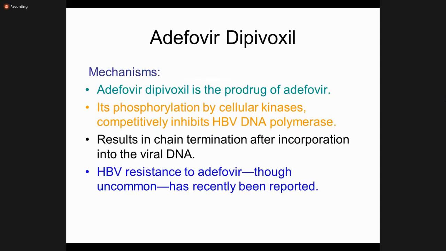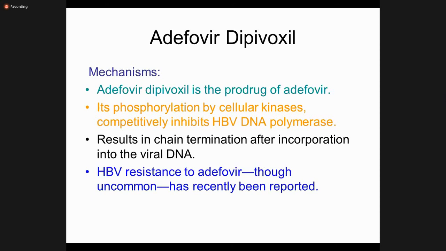Another very important drug is Adefovir, and this is basically a drug that can be used in the treatment of hepatitis B viral infection. Mechanism of action: Adefovir Dipivoxil is the prodrug of Adefovir.